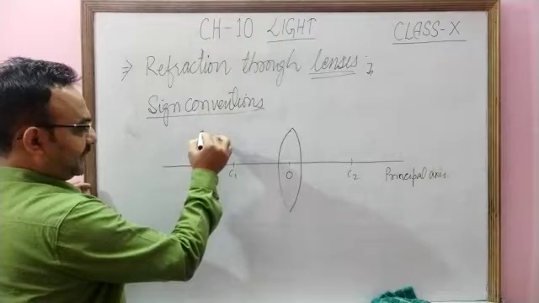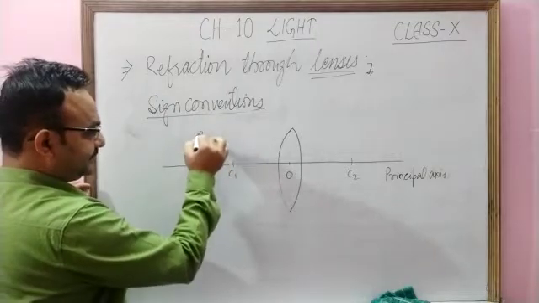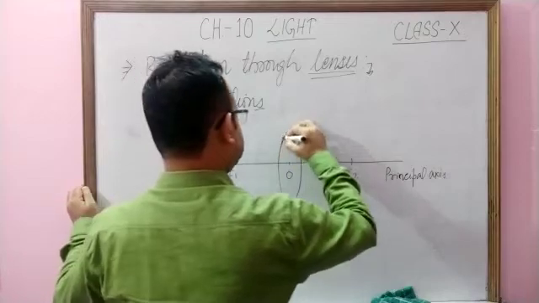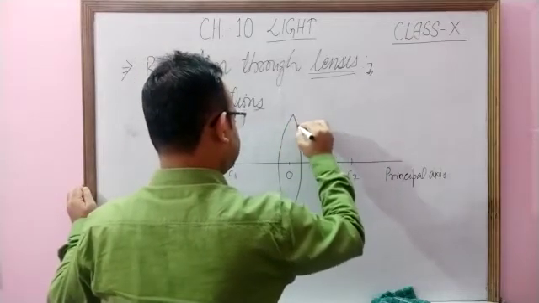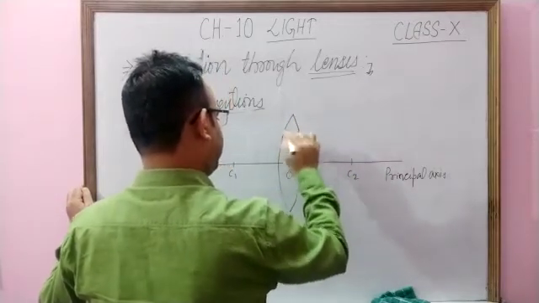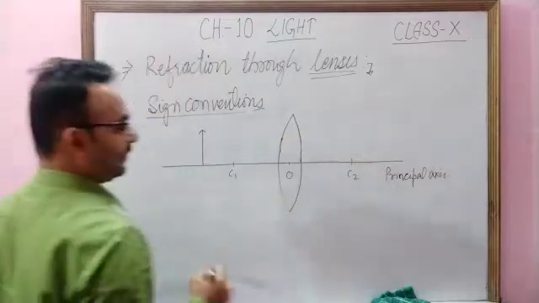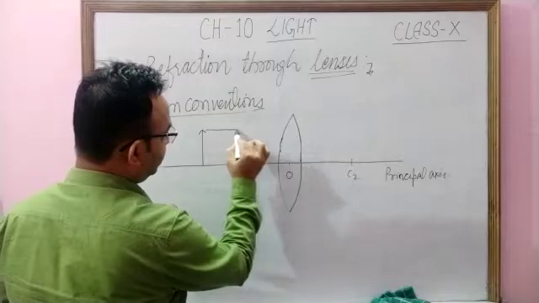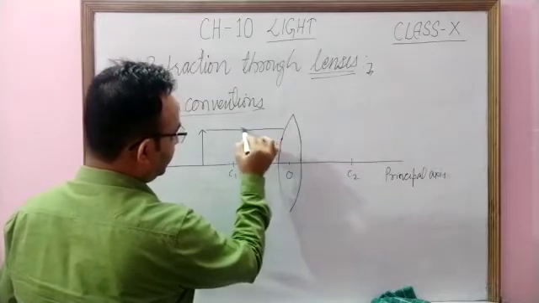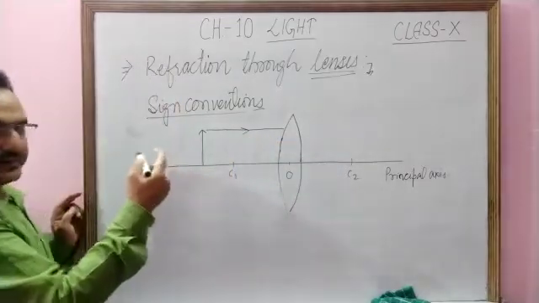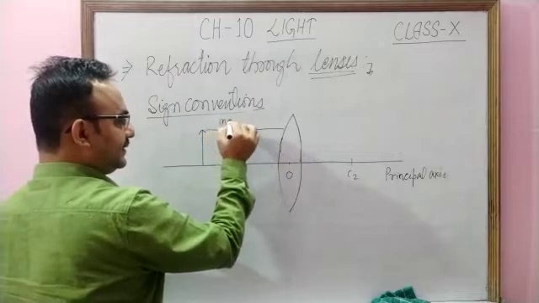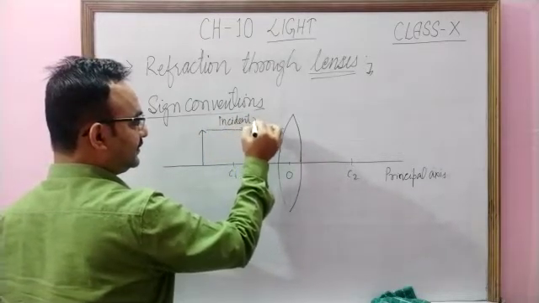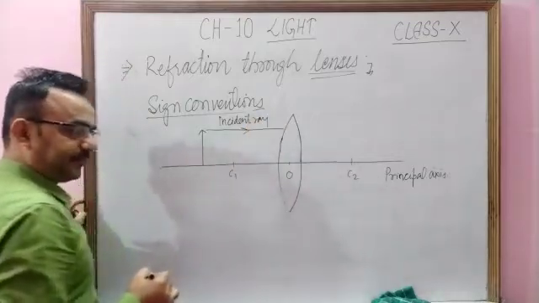Suppose that you have kept object here. This is the incident ray. Clear?